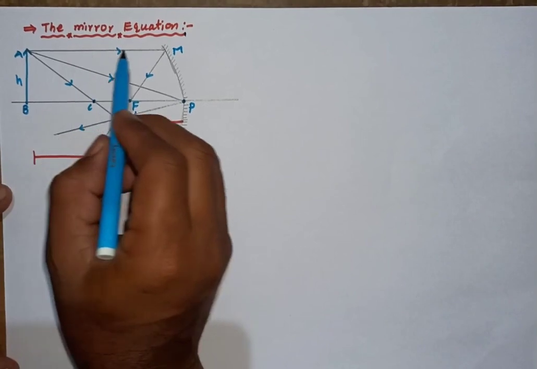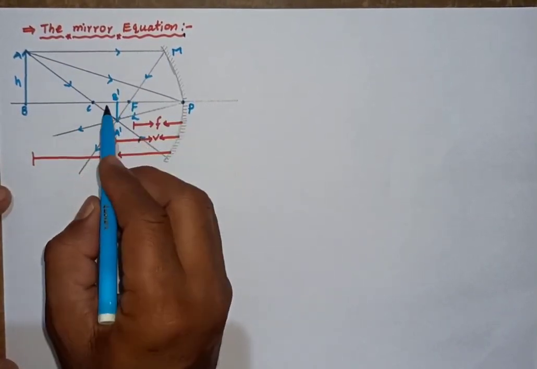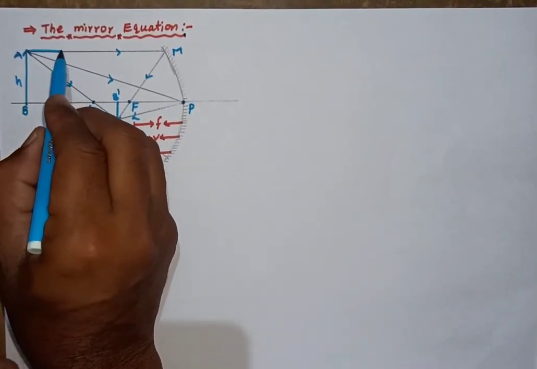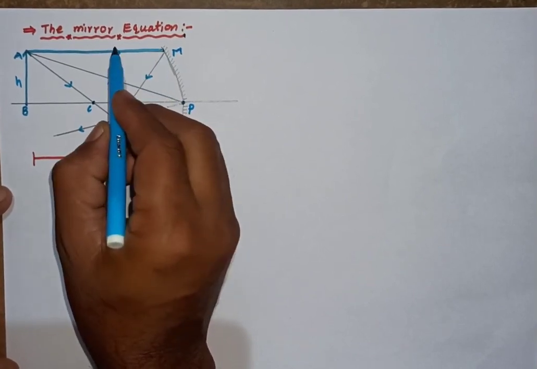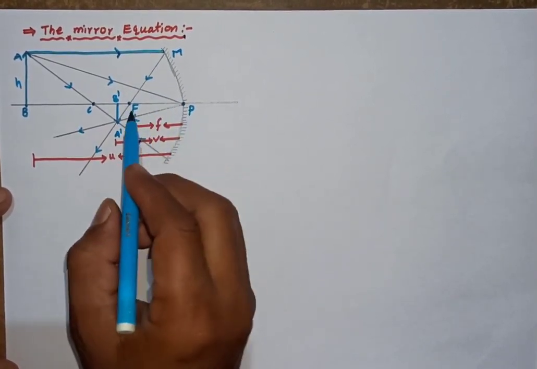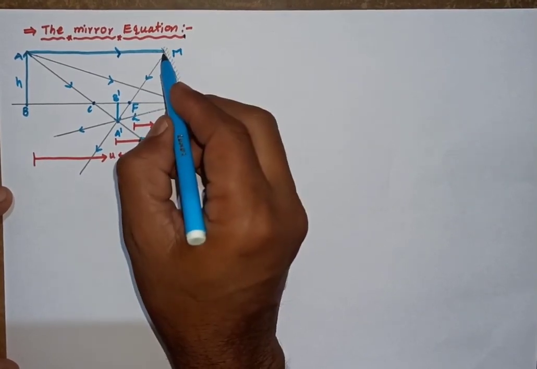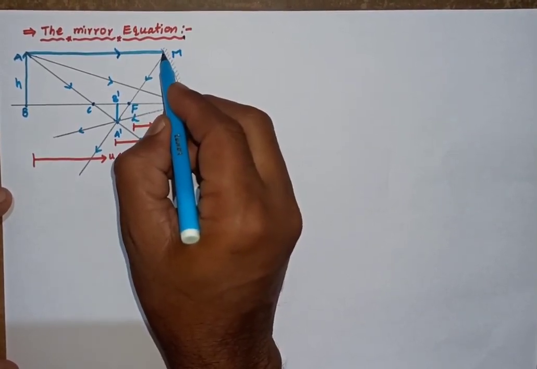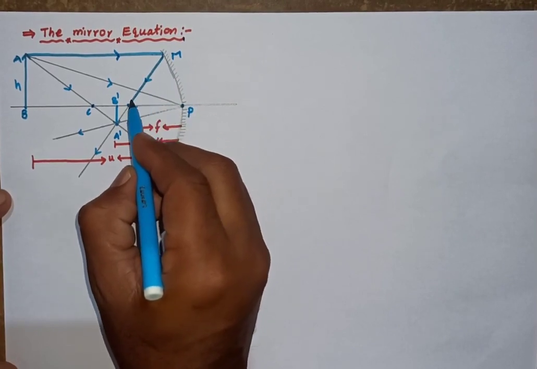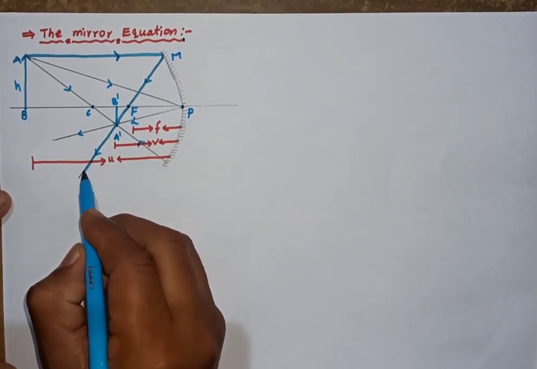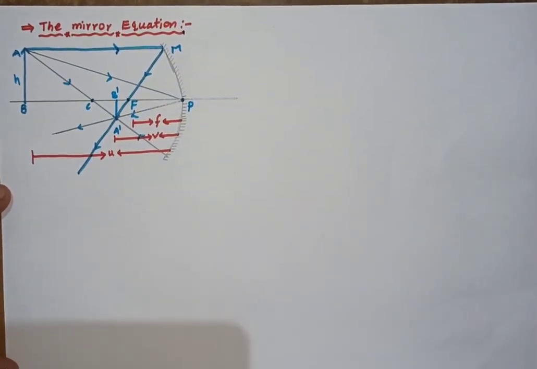The first ray is incident on the concave mirror parallel to the principal axis, and it is reflected back passing through the principal focus.